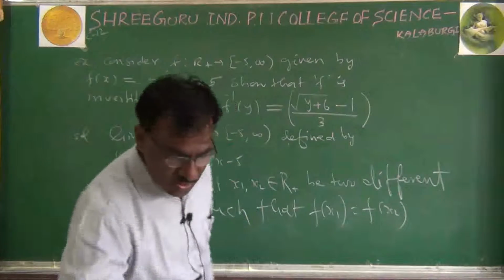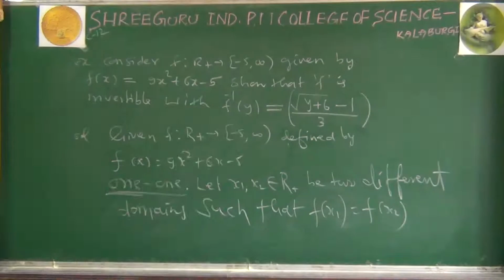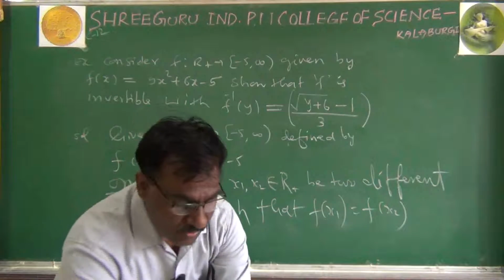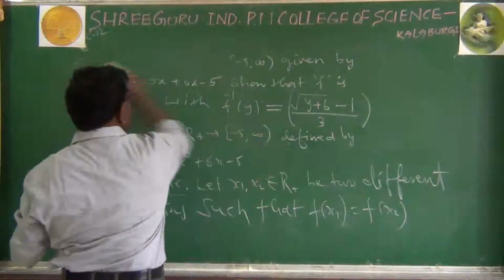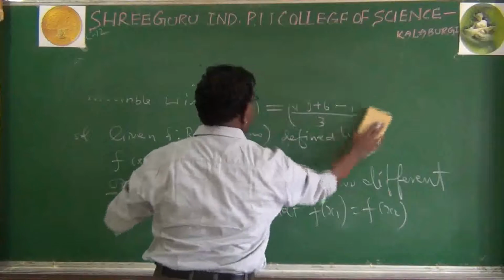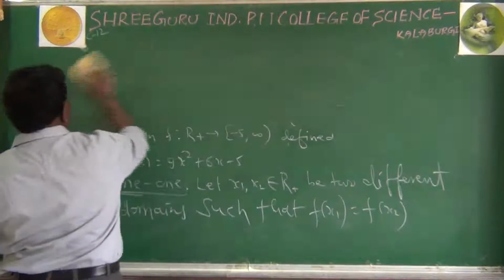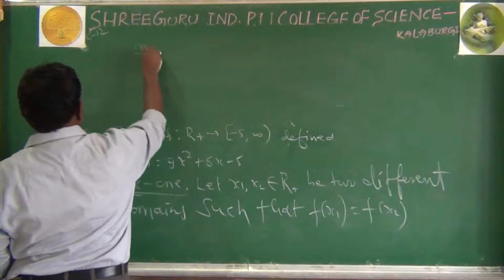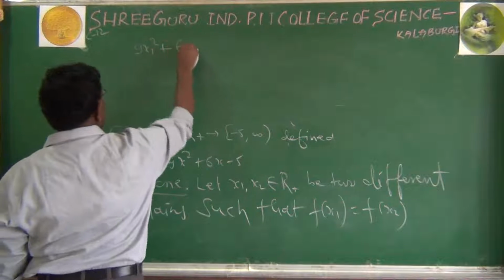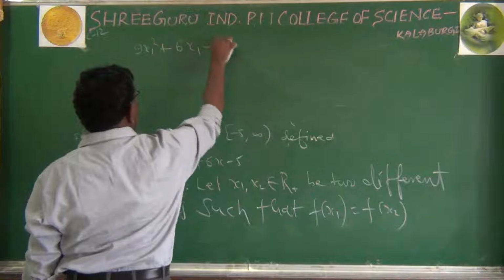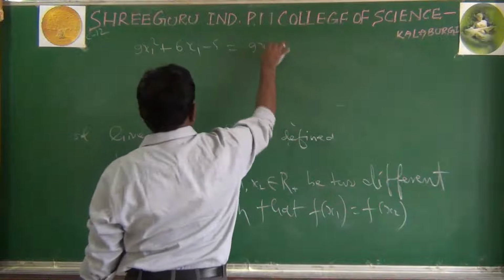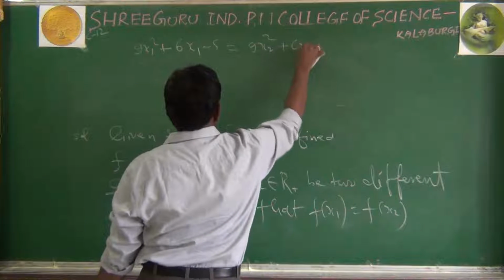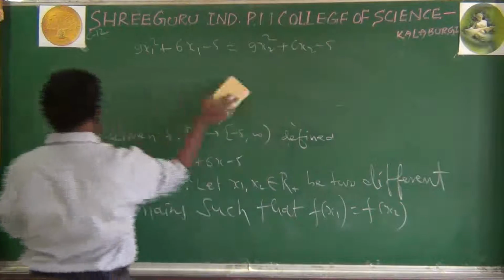So what is our aim? Our aim is to solve x1 equal to x2. 9x1 square plus 6x1 minus 5 equals 9x2 square plus 6x2 minus 5.